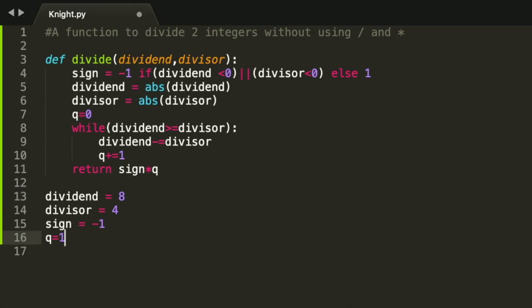In the second iteration, it checks if the dividend is greater than or equal to the divisor. 8 is greater than or equal to 4. The condition is satisfied. It goes inside the loop. It subtracts the divisor from the dividend. So 8 minus 4 equals 4. Then it increments the quotient by 1.